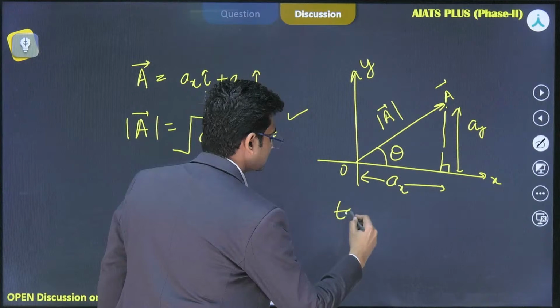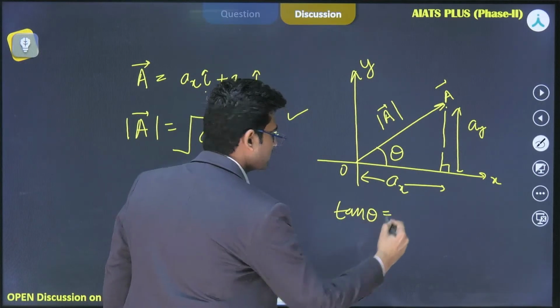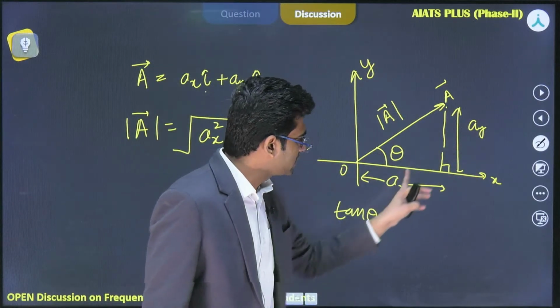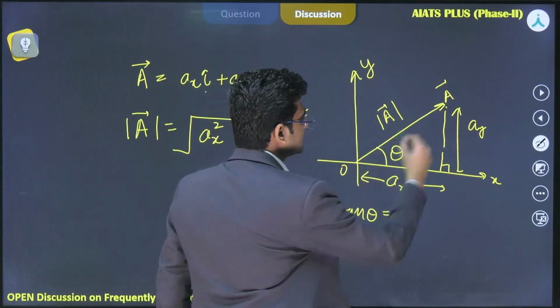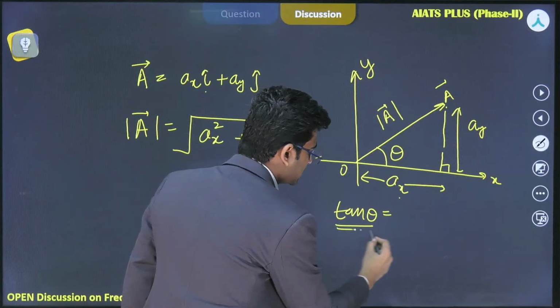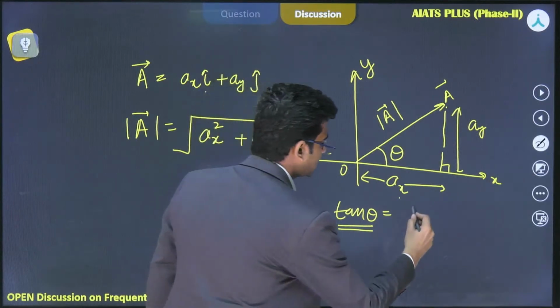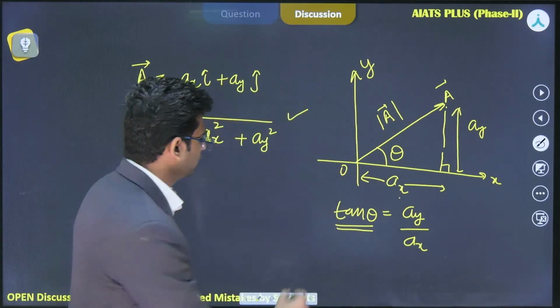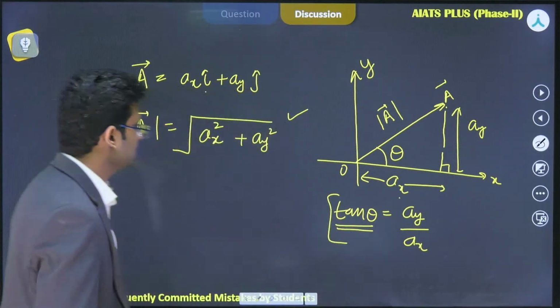Now tan theta, from the figure you can easily find out, is ay by ax, since this is ay and this is ax. So now we know the direction as well as the magnitude.